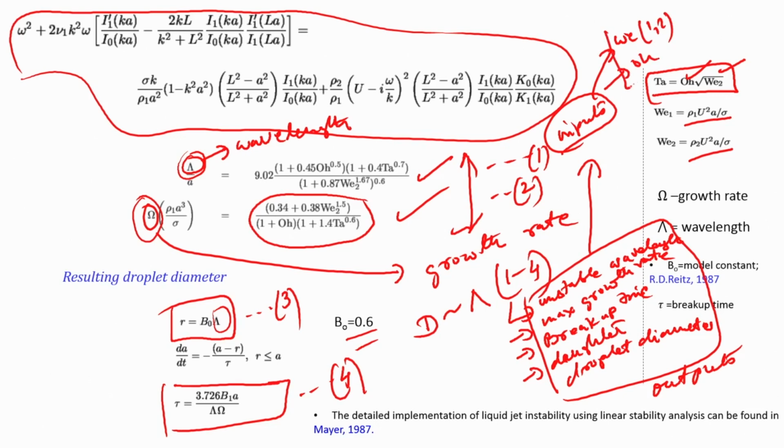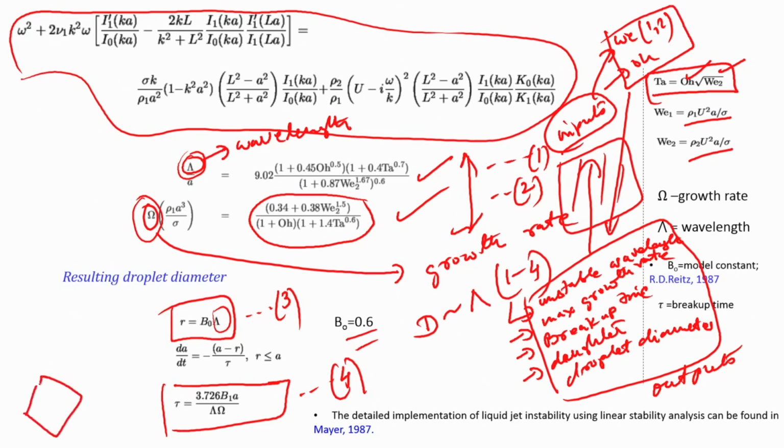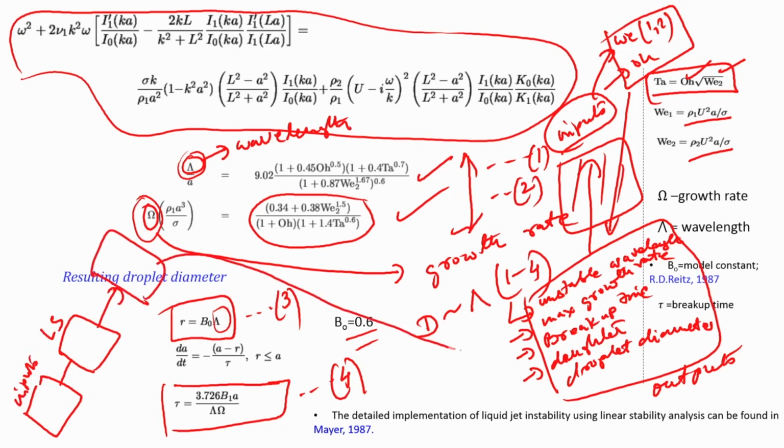So, if you feed these two values into what we call the black box, let us consider this to be a black box. So, it is like this. These are your inputs, then this is your linear stability analysis. So, that is the box and your output is all these things, got it.